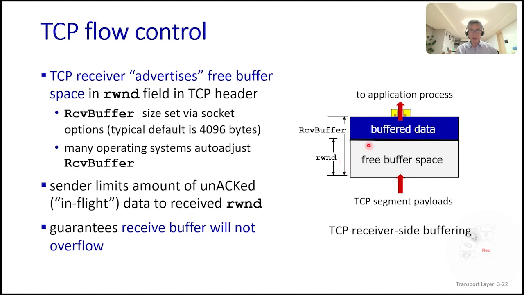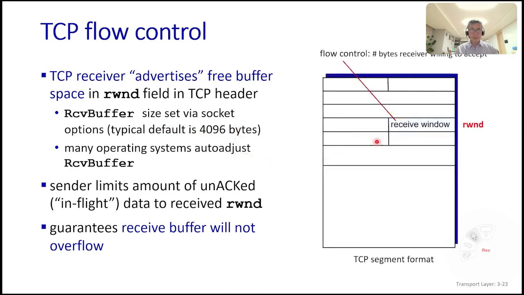This part is already buffered data. So it guarantees the receiver buffer will not overflow. The receive buffer size is usually 4K bytes, and this is the receive window size, RWND.